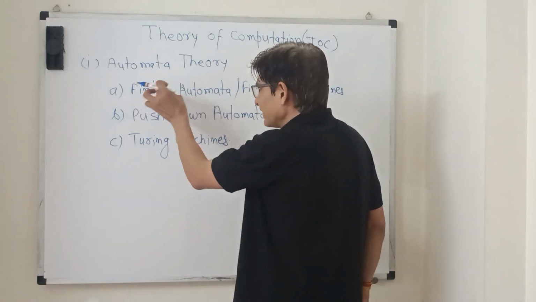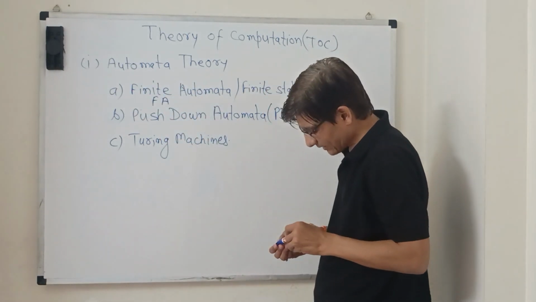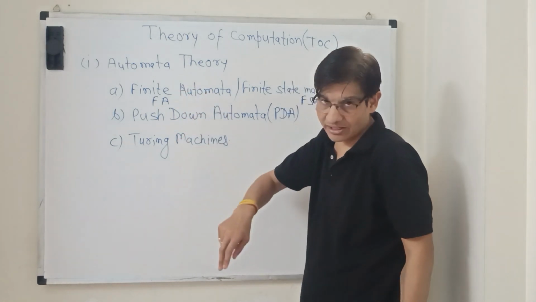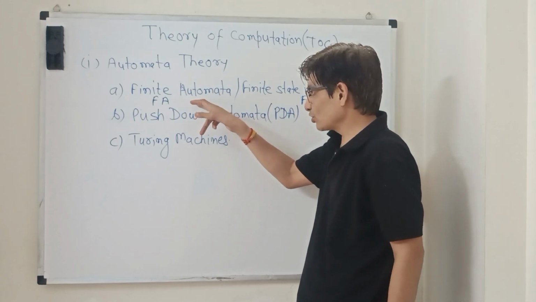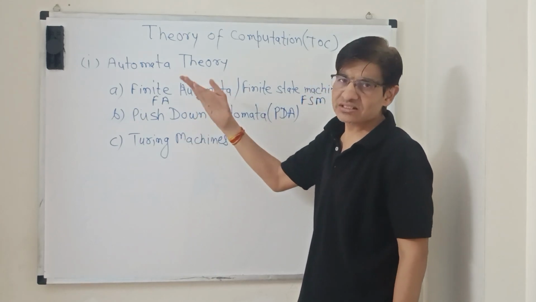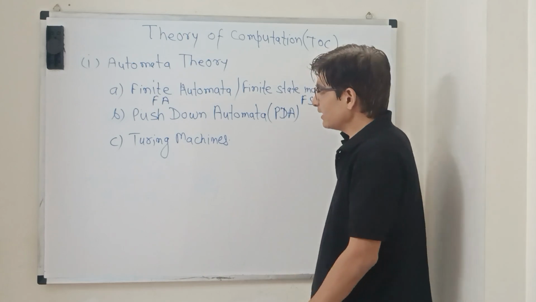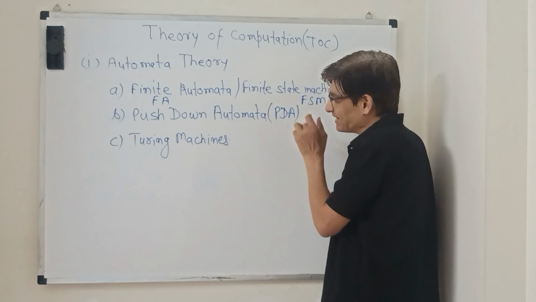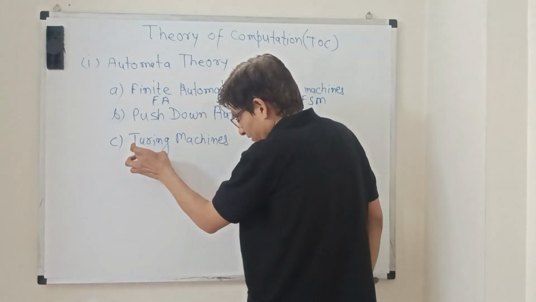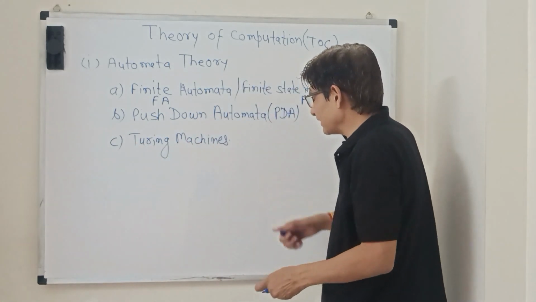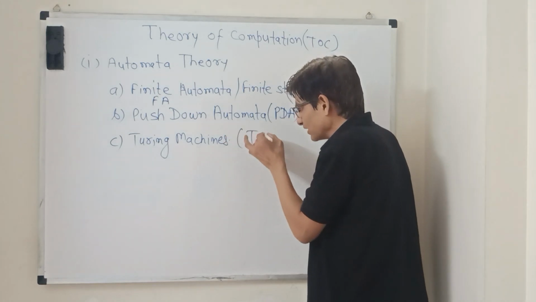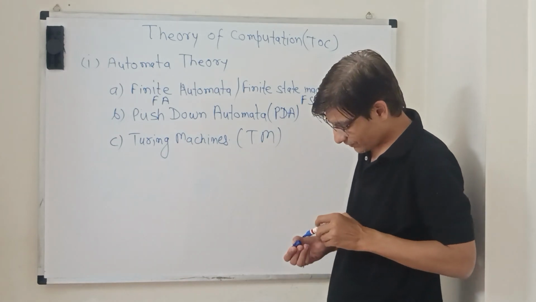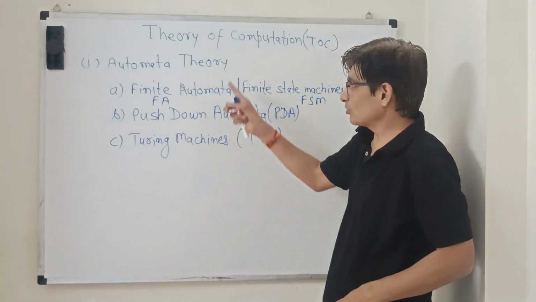There are different variants of finite automata like DFA and NFA, and some finite automata are with outputs while some are without output, where without output means only a binary output is available. Then we will also study pushdown automata, which you can call PDA. Then we will discuss Turing machines, which you can call TM. All these topics we will cover from the automata theory part.